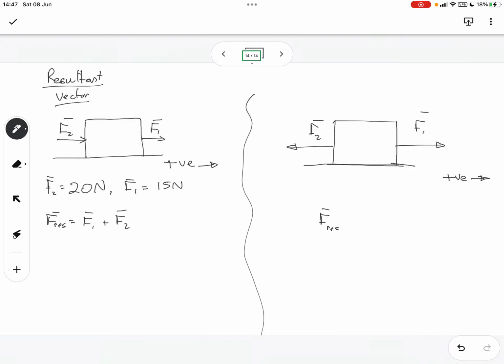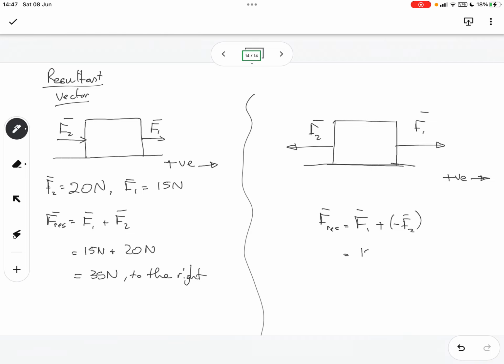So that means in the first case, the resultant force would be F1 plus F2. And in this case, the resultant force would be F1 plus negative F2, according to our convention, which tells us that to the right is positive. That means to the left is negative.